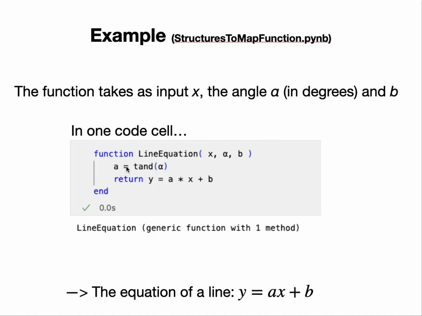Inside, a is defined as the tangent of alpha, assuming that alpha is given in degrees. So tangent d takes alpha in degrees. And this function returns an object. This object is y is equal a times x plus b. End. 4 lines. If everything goes fine, then you should get a green tick mark, and this line equation is now a generic function with run method.